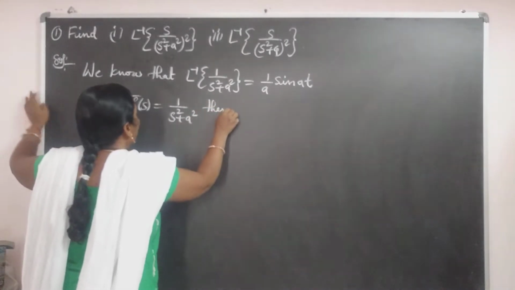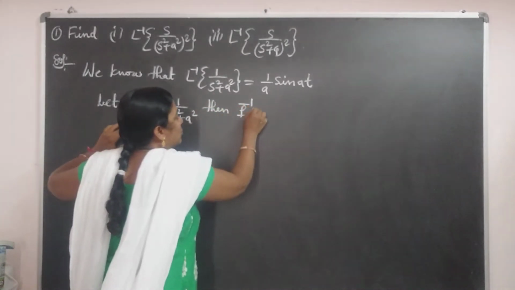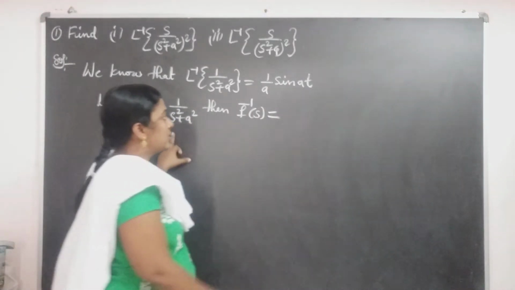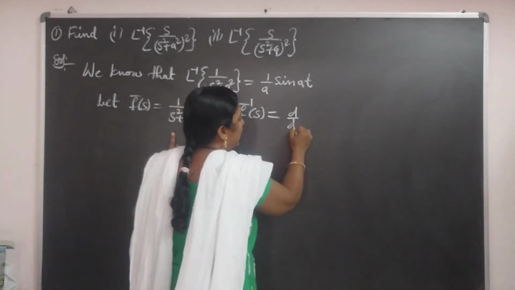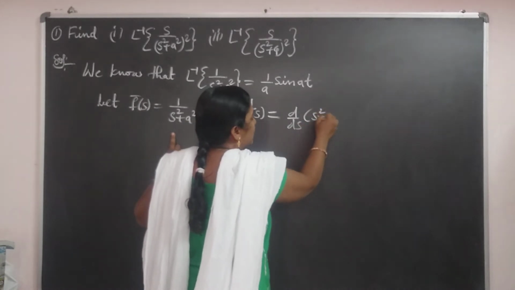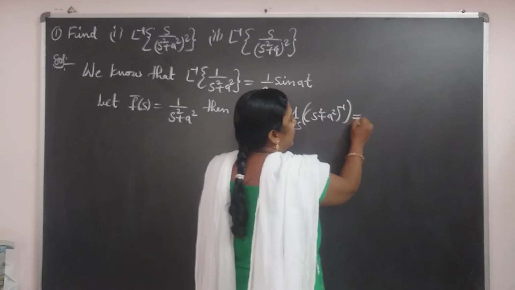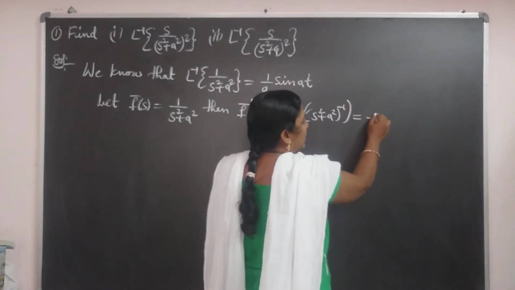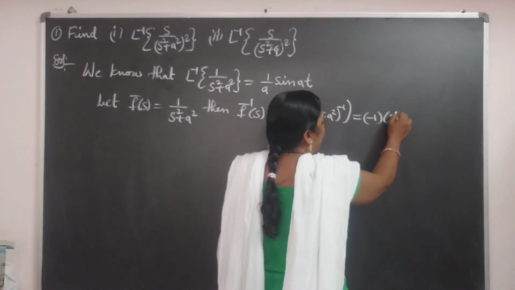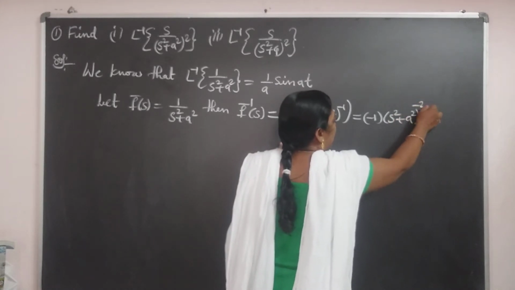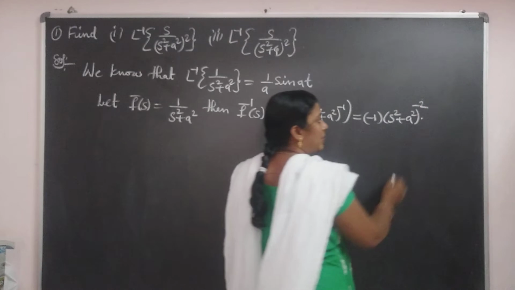Then f bar dash of S, the first derivative, is d by dS of (S square plus A square) whole inverse, that is, n into f of S whole power minus 2 times the derivative of S square plus A square.